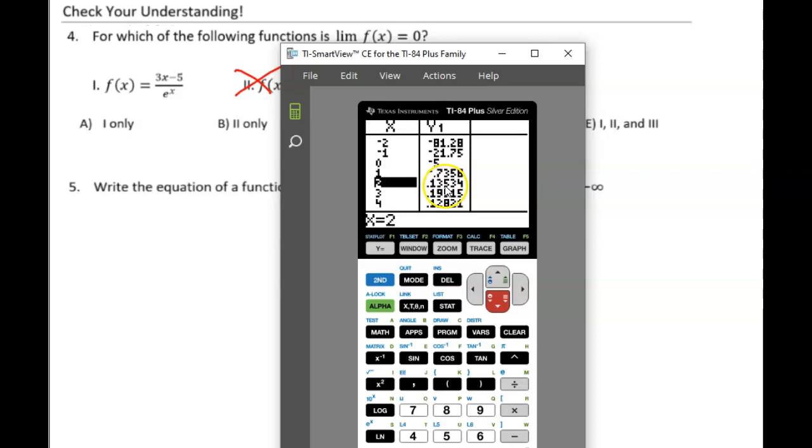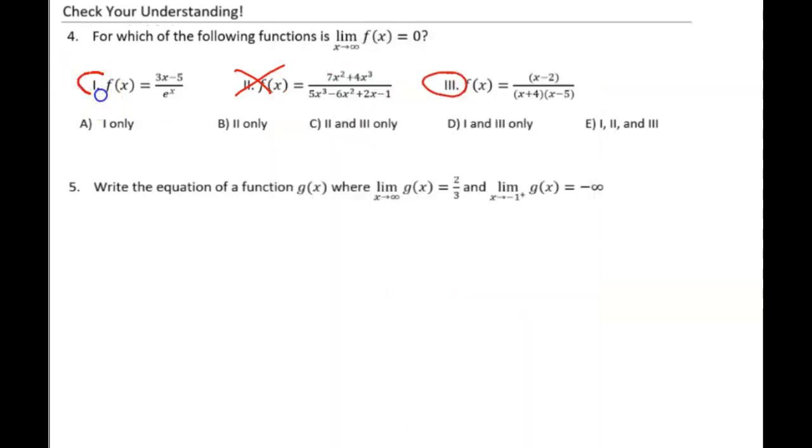We go from negative to positive, so that's that real 0 that we saw in the graph. And then as x increases, it looks like we're getting closer and closer to 0, but we're never going to cross into negative numbers again. So this function in number 1 is also approaching 0 as x approaches infinity. So since 1 and 3 work, that would be D in our multiple choice question.